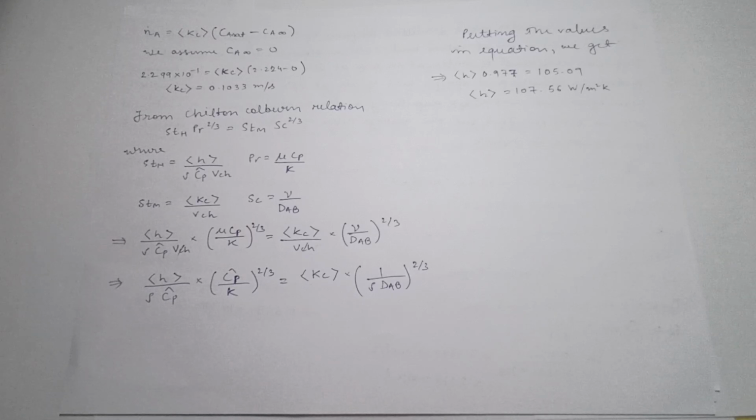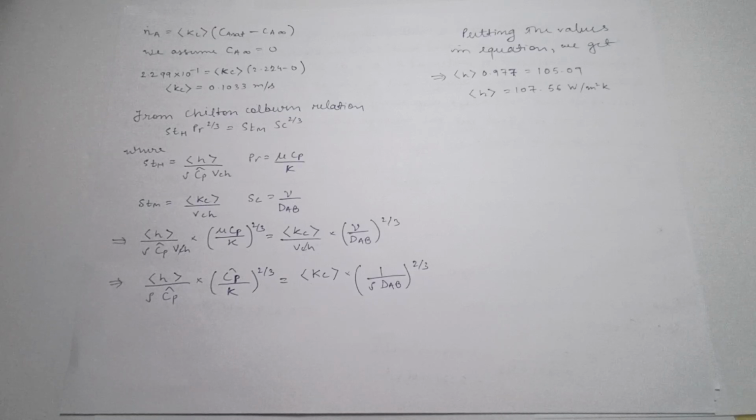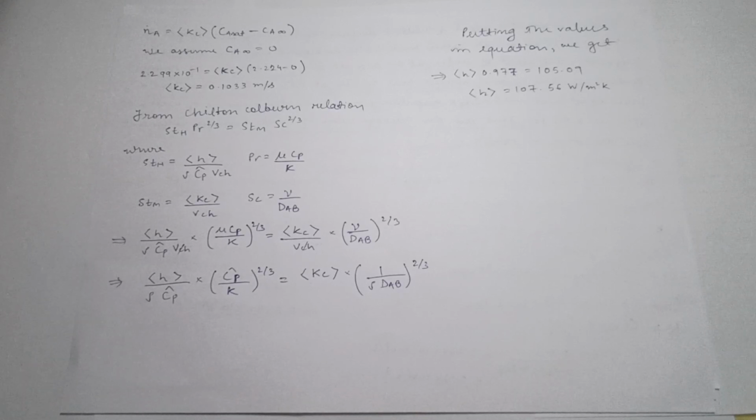So how this problem differed from the last question was that we have not been given the values of the Prandtl number and Schmidt number, so we substituted their formulas, that is Prandtl number as mu into Cp by K and Schmidt number as kinematic viscosity upon diffusion coefficient. When we put these formulas in the equation, we can see that the viscosity term was cancelled on each side, so we didn't need the viscosity, and the characteristic velocity, which was also not given in the question, was also cancelled in this equation.